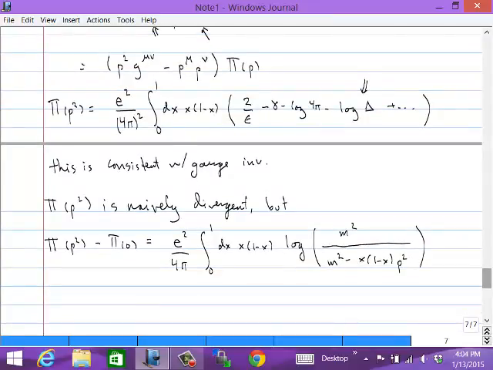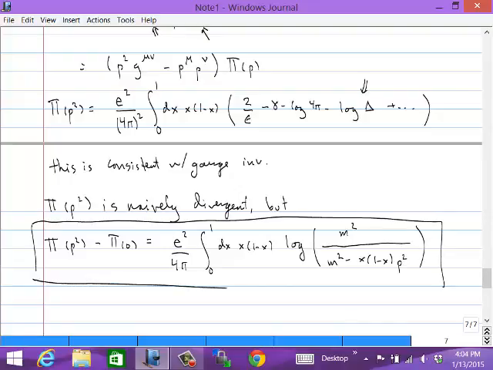So this then is the finite contribution to the photon self-energy when we impose our physical renormalization condition, that we write everything in terms of the physical renormalized electric charge instead of the bare electric charge.